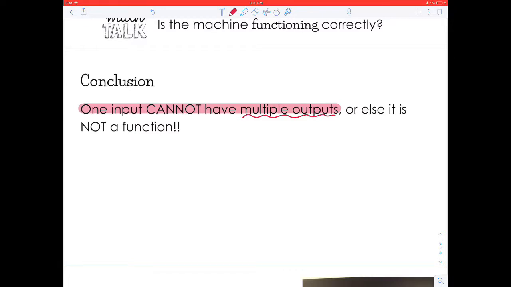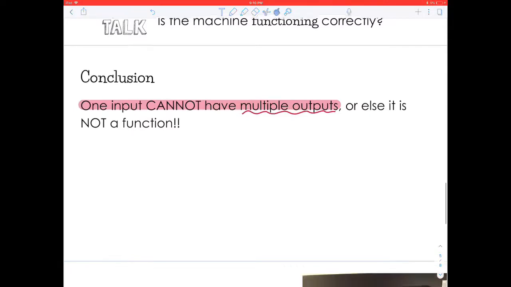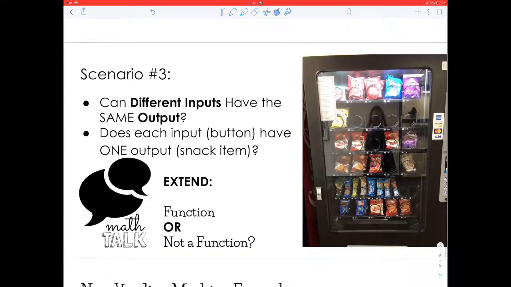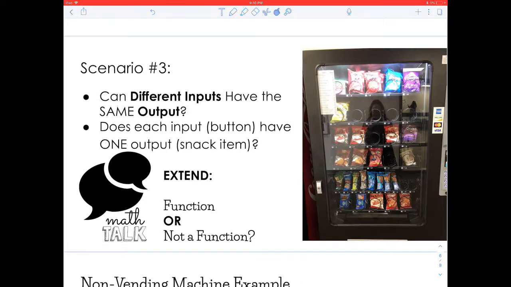We would just call this a normal relationship, but not a function. Okay, let's look at scenario number 3. Let's think about, can different inputs have the same output?